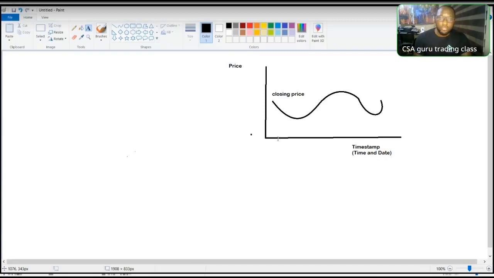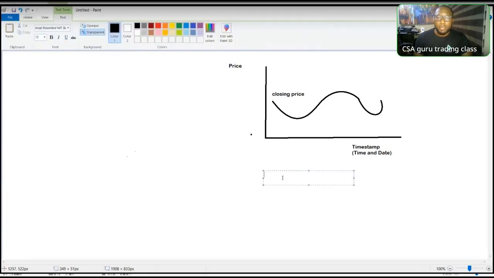So let's go to what a bar chart is, right? Like I said, a line chart only shows the closing price. A bar chart shows what we call the open price, the high price, the low price, and the closing price.